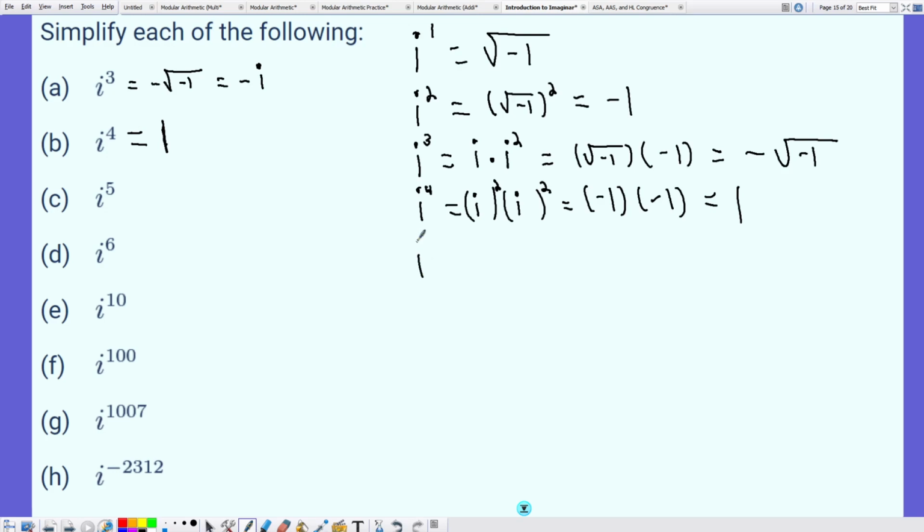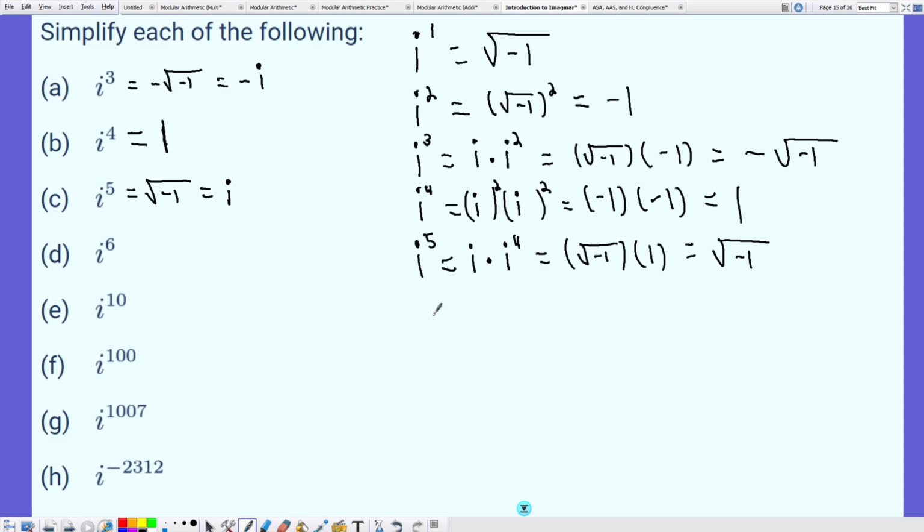i to the fifth is the same thing as i times i to the fourth. i is the square root of negative 1, and i to the fourth we established is 1. Anything times 1 is just itself. So that's the square root of negative 1, or just i again, because that's how i is defined.